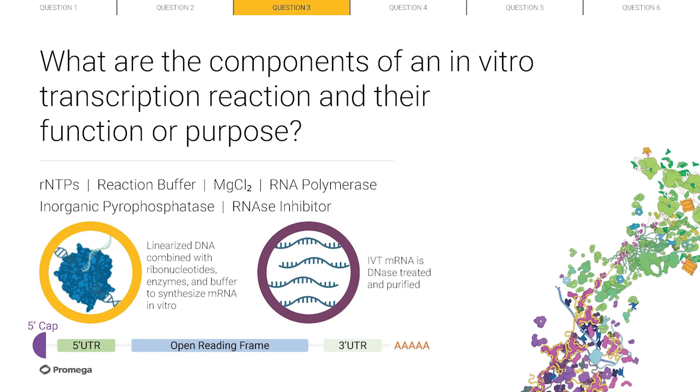The template contains a promoter sequence that is recognized by the RNA polymerase. RNA polymerase is an enzyme that catalyzes RNA synthesis by recognizing and binding to the promoter sequence in the DNA template and incorporating ribonucleotide triphosphates, or rNTPs, that are complementary to the DNA template strand.